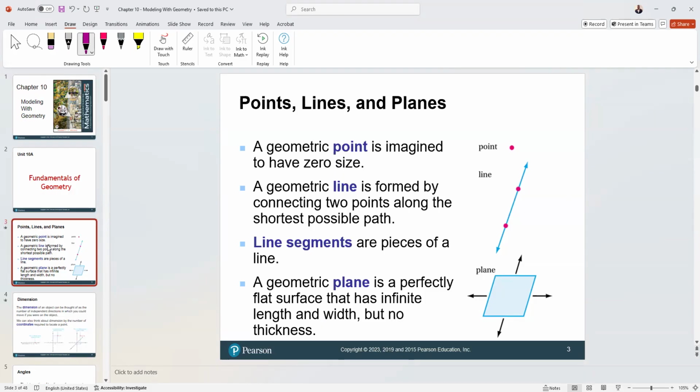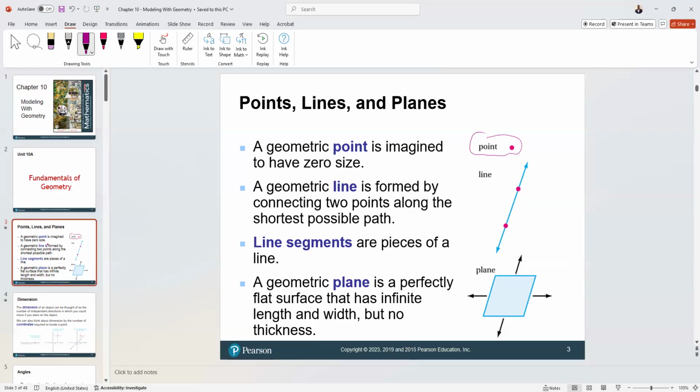No real object has zero size, but many real phenomena approximate geometric points. Stars, for example, appear to our eyes as points of light in the night sky. So when you have only one point, it's also geometry.